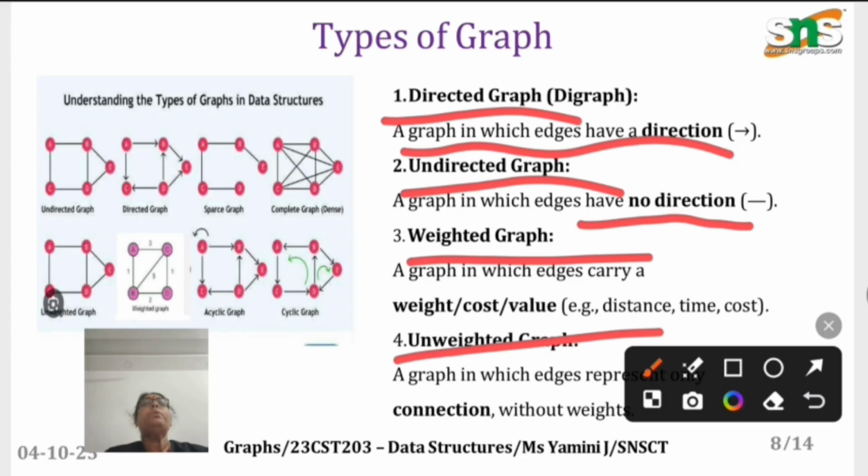A weighted graph assigns a value like distance or cost to the edges. An unweighted graph only shows connection.